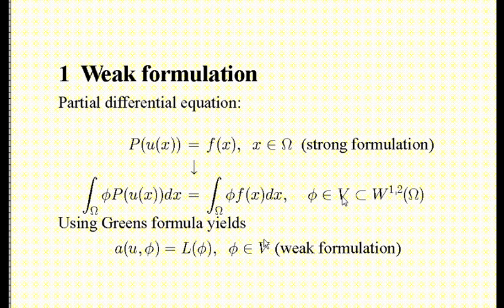Sometimes this subspace is this space W0 with zero boundary conditions. For the Dirichlet problem, for example, this is the case. And for the Neumann problem, we use the whole space W12.